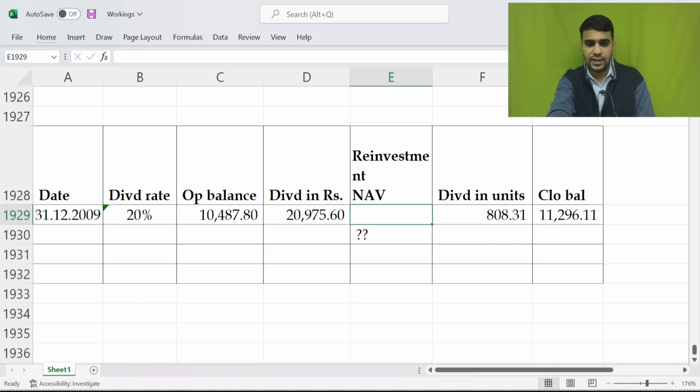How much is the reinvestment NAV? Computation of NAV as on 31/12/2009. This is the calculation.